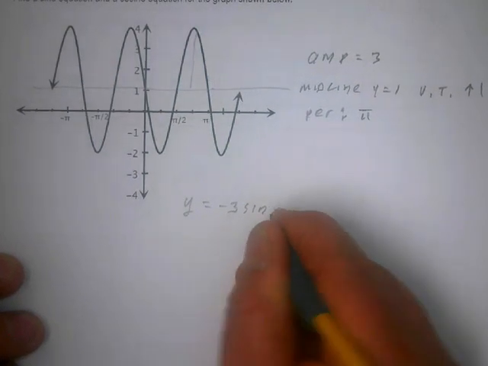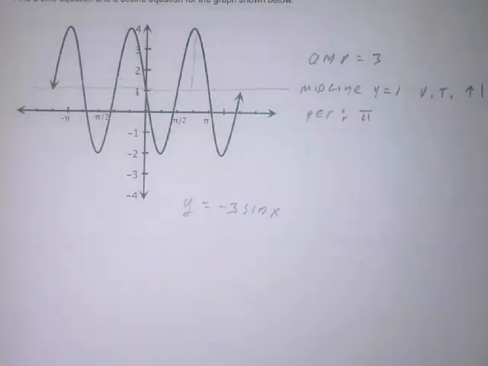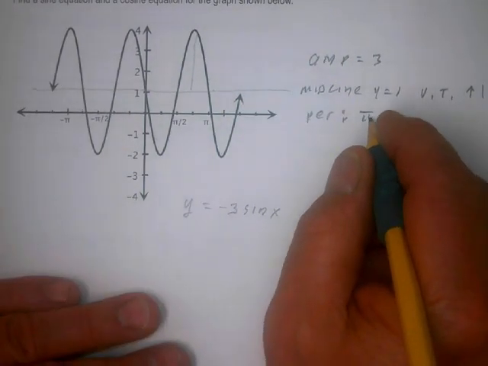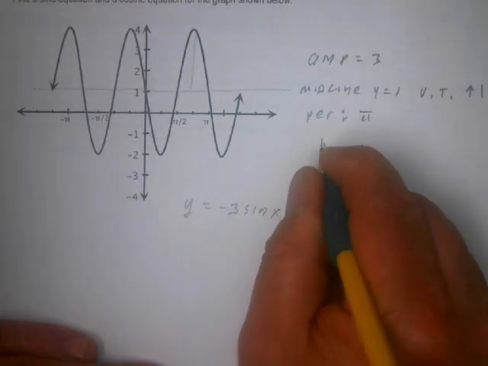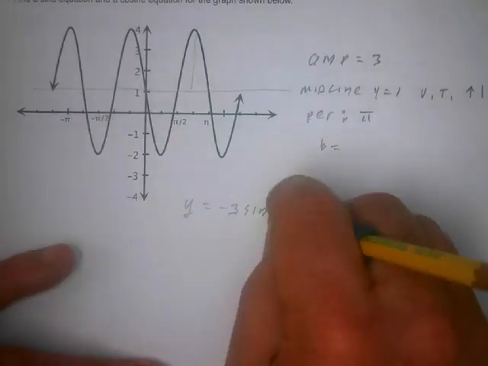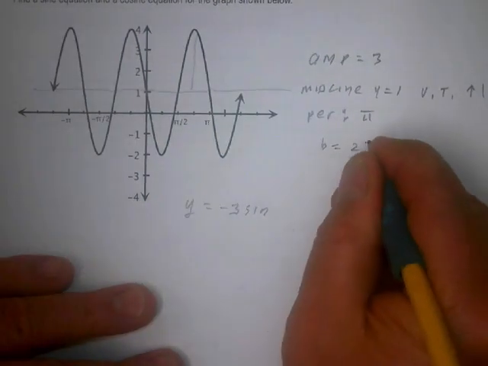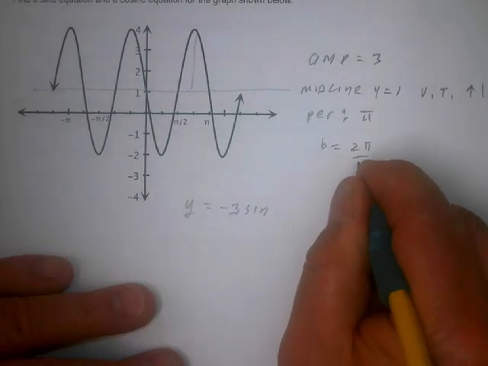My sine curve could be negative 3 sine x. The reason it's negative is because it's coming down. Now let's go back up here to period.